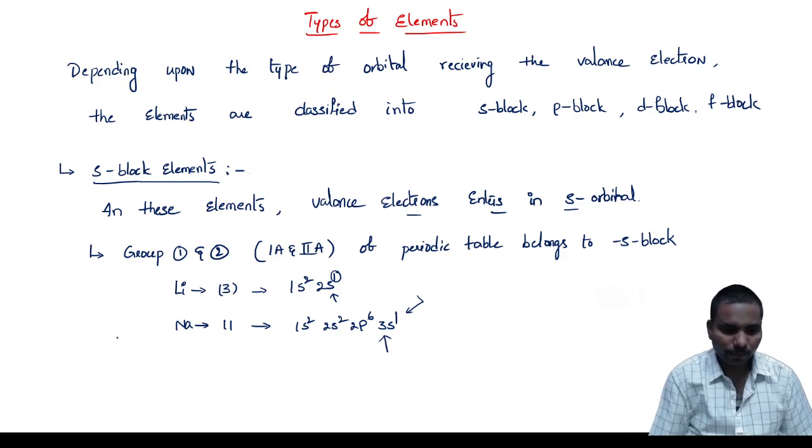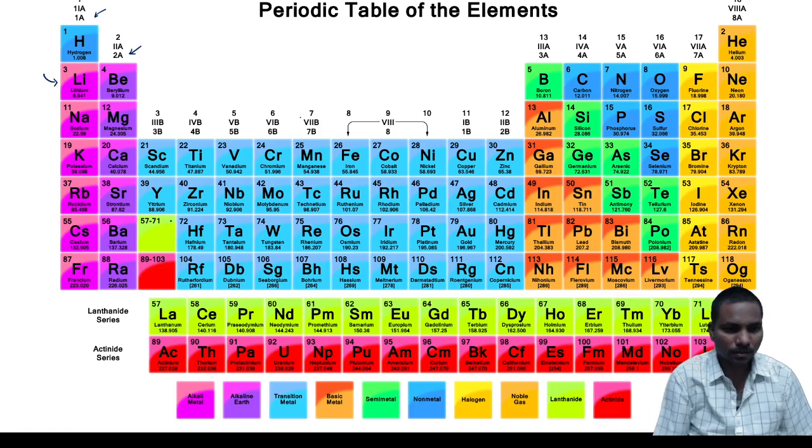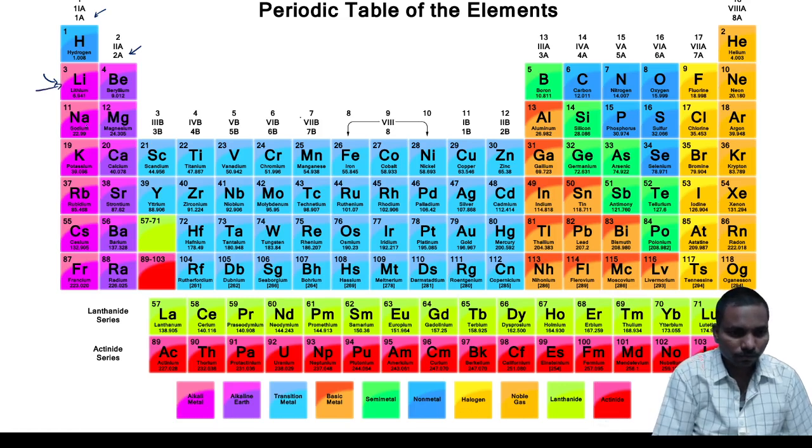Here, generally, group 1A elements of the periodic table are called alkali metals: lithium, sodium, potassium, rubidium, cesium, francium. This color is dark pink.